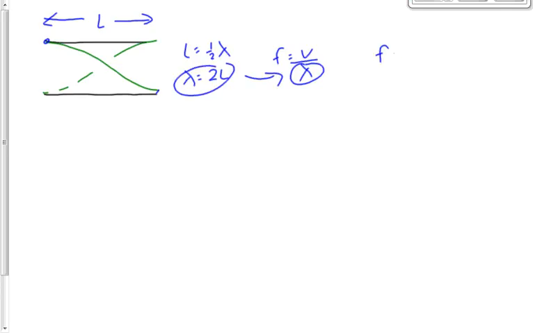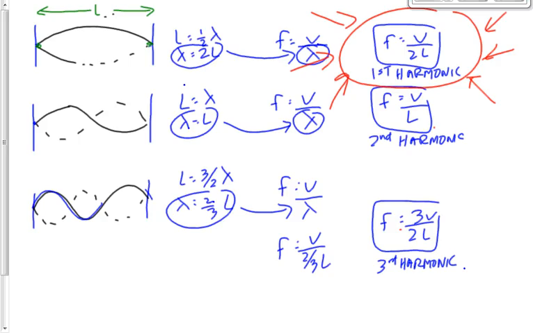Length is L. We're going to say that the length is 1/2 of a wave because we're going from crest down to trough. Lambda is equal to 2L. F is equal to V over lambda. We're going to sub in 2L. Isn't that the equation that we got over here for the first harmonic? It is.